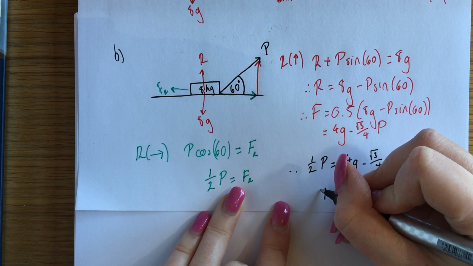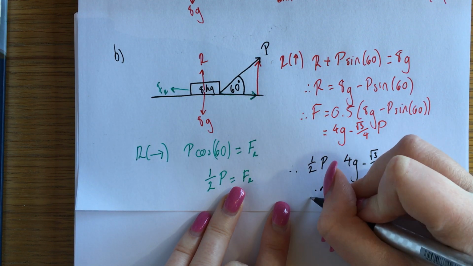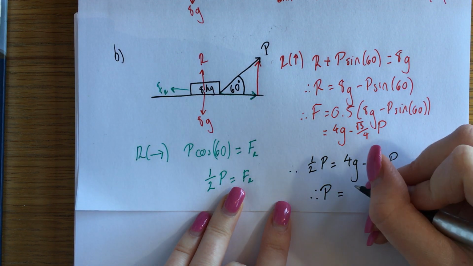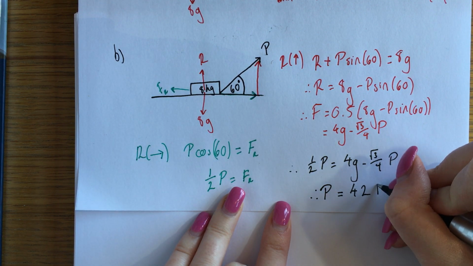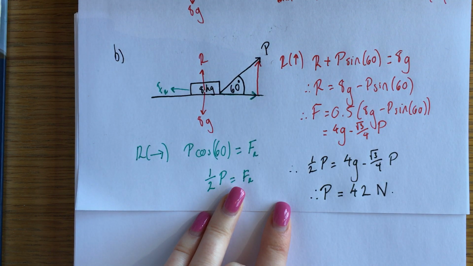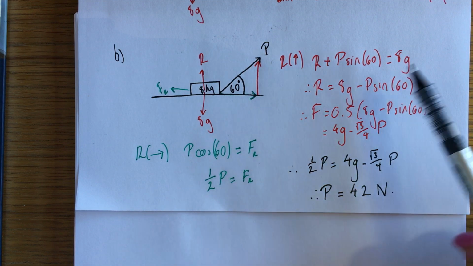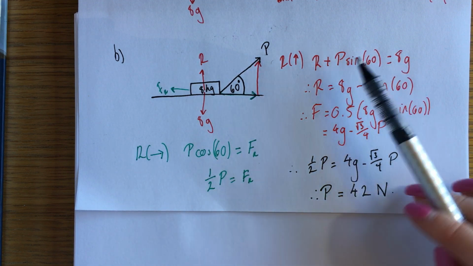I'm not going to show you that kind of thing on your calculator. But therefore P is going to be equal to 42 newtons.